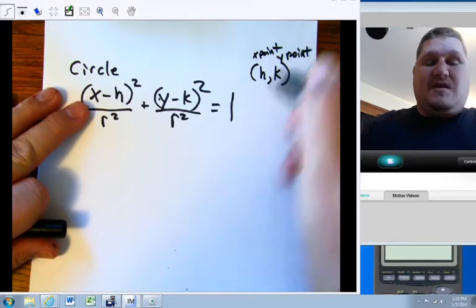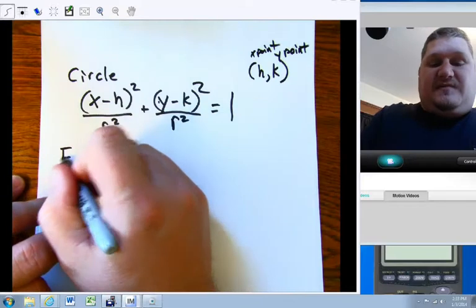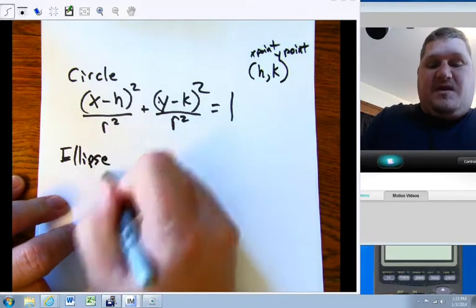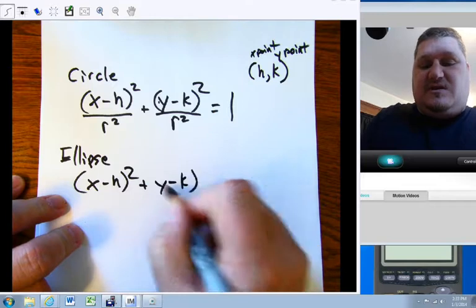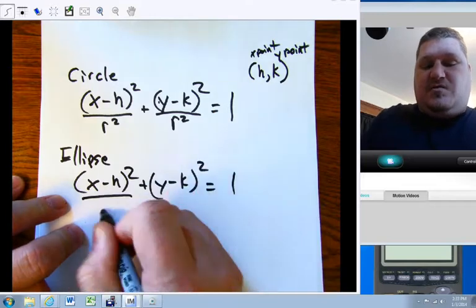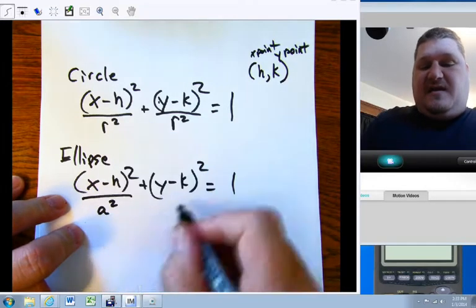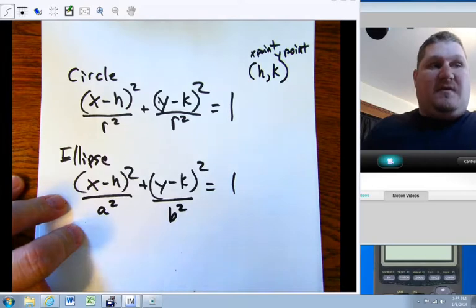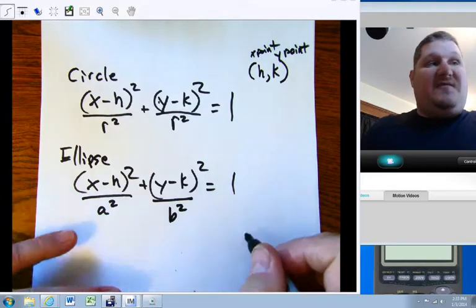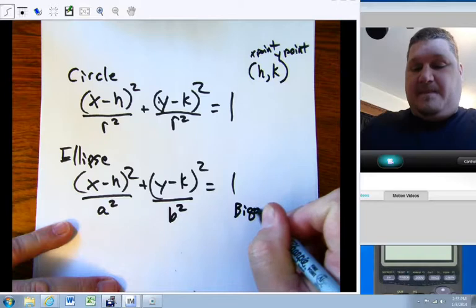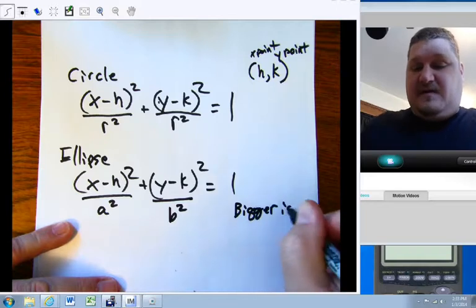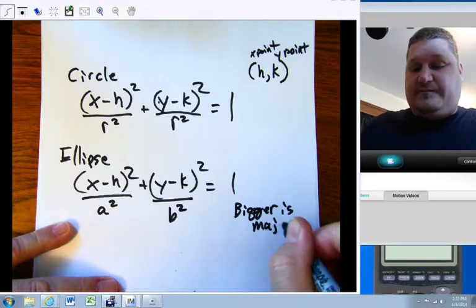Now, for an ellipse, you have x minus h, the quantity squared, plus y minus k, the quantity squared, equals 1 all over a squared and b squared. The key thing to remember for ellipses is bigger is major.